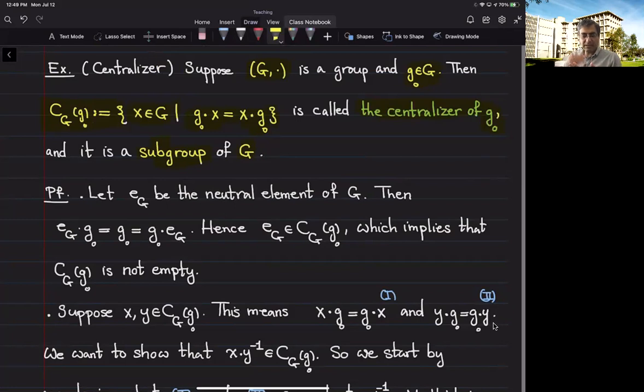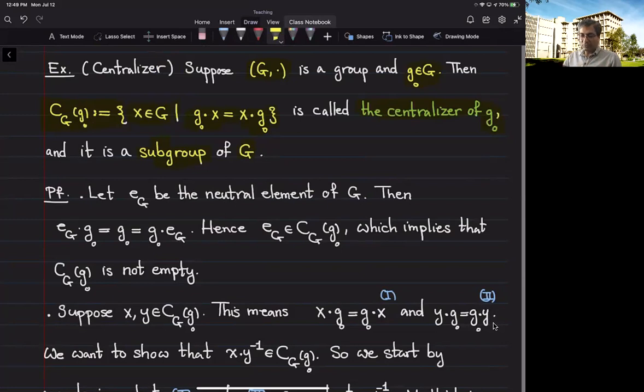Remember, if I give you a subgroup, it needs to contain the neutral element. So it's not a bad idea to discuss what happens to the neutral element. Maybe it's easy to show that the neutral element belongs to this set. In particular, this set is not empty. In the case of the centralizer, we use this idea as well. I want to show that the centralizer of an element is never empty.